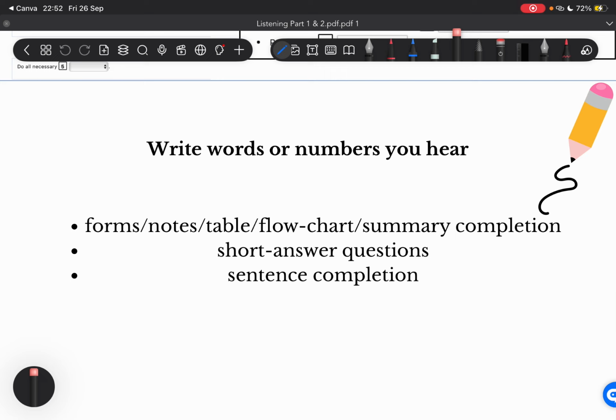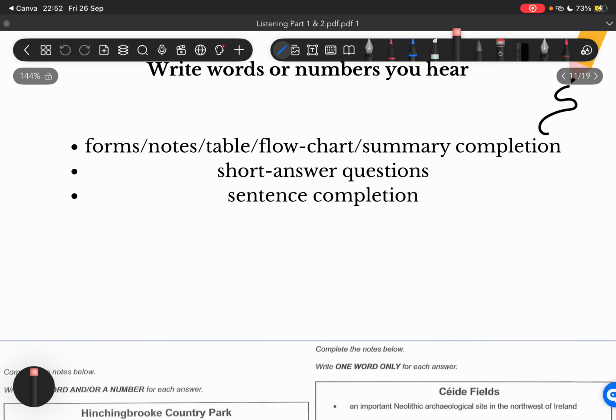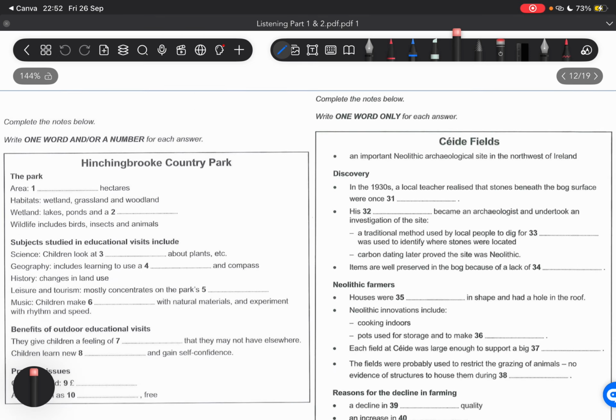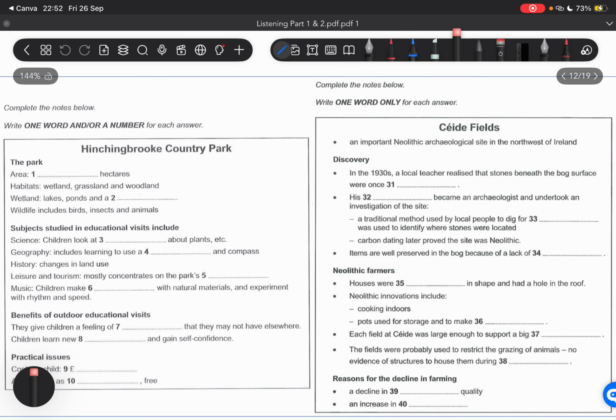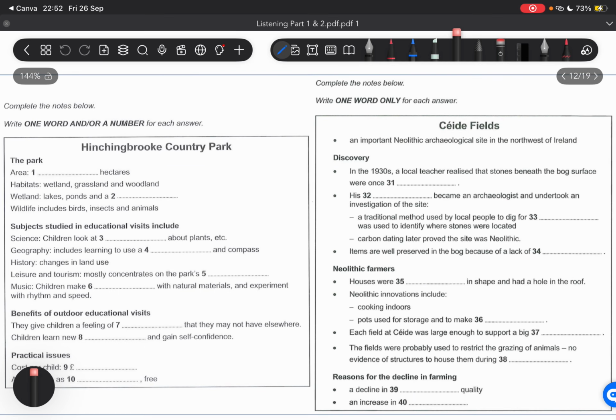So it is to listen to the main details. Those types of questions might come in parts 1 and 4. Here I gave you an example of them.